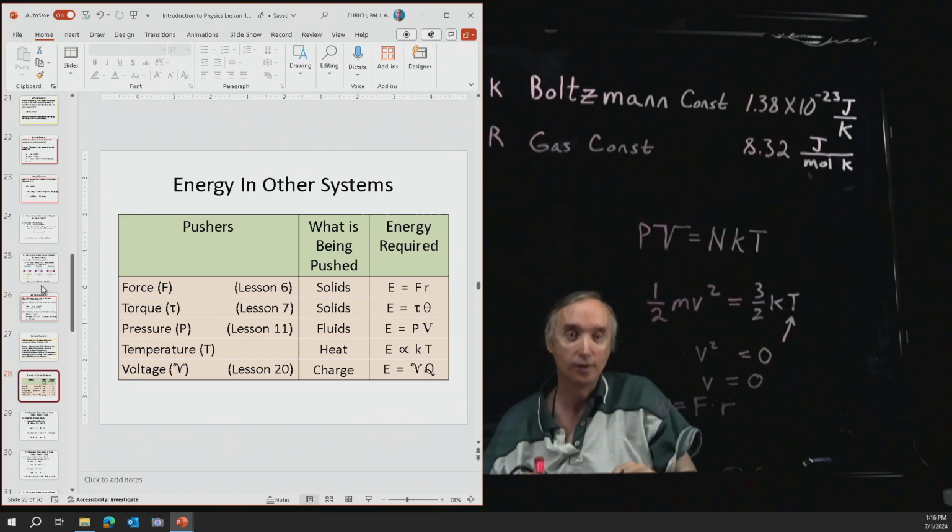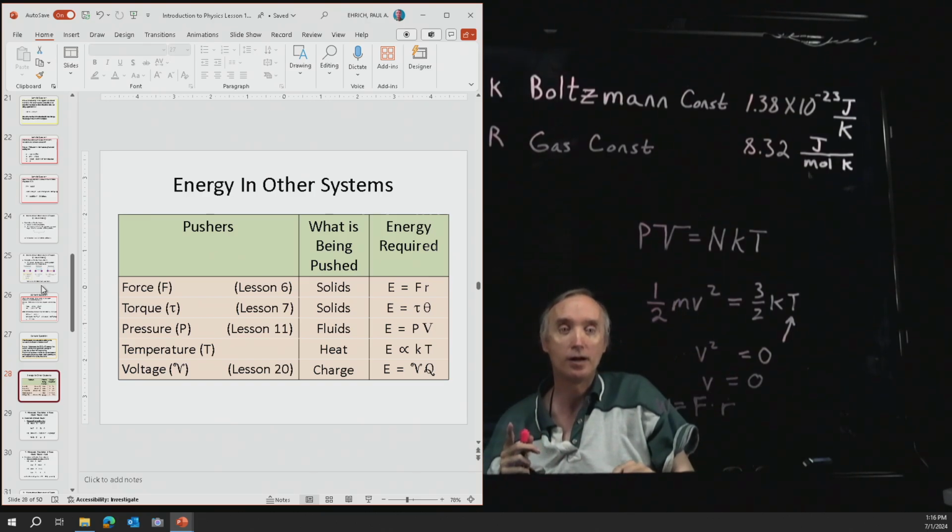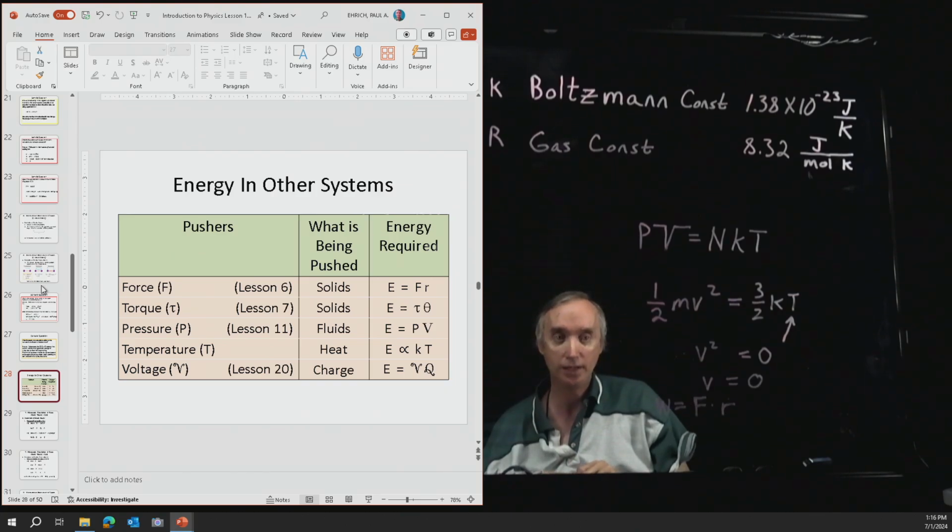Then when we talked about fluids, we applied a pressure P on something that could flow, a fluid. Could be a gas, could be a liquid.